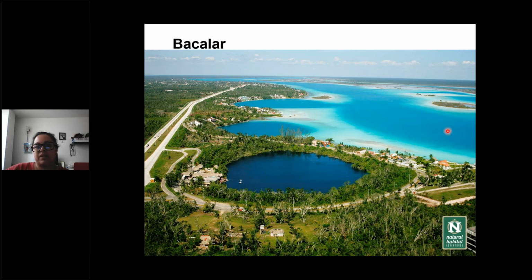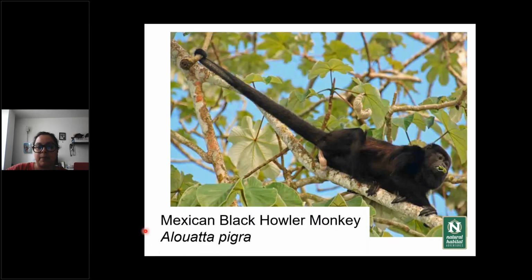So that's why we have sometimes green, sometimes blue, and sometimes we have brown color in these waters, but it's a beautiful place to visit. And nearby there are some Mayan archaeological sites that are also worth visiting.